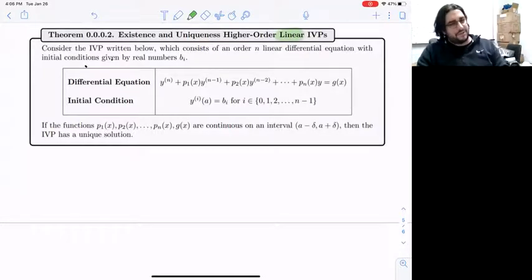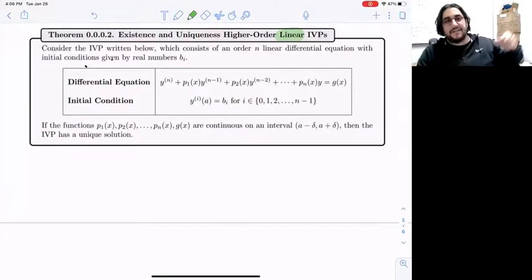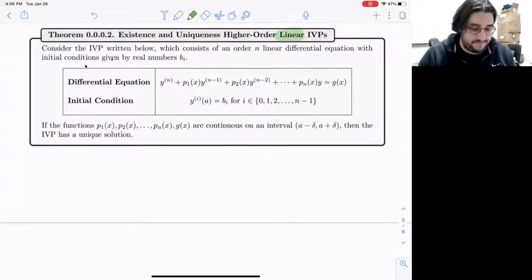So this is a lot more restrictive. It's not just y prime equals any formula you can imagine, but it's less restrictive in another way, in the sense that there could be second derivatives, third derivatives, fourth derivatives, as many derivatives as you can imagine. Any finite number of derivatives, right? As long as the equation can be written in this form.